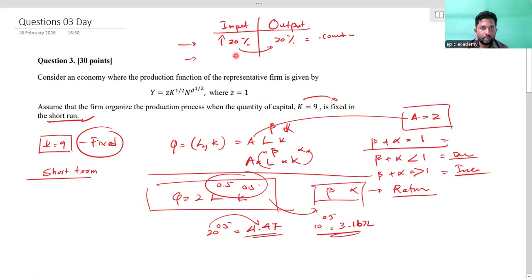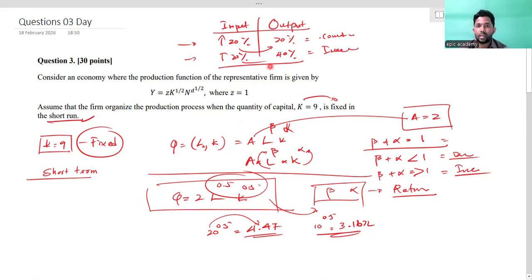On the next option, they increase the input by 20%. As a result of increasing input by 20%, they can increase output by 40%. I mean, the output value takes a greater value than the input value. So it becomes increasing returns.